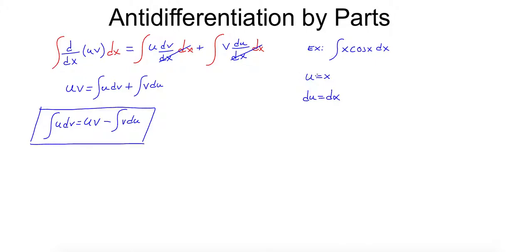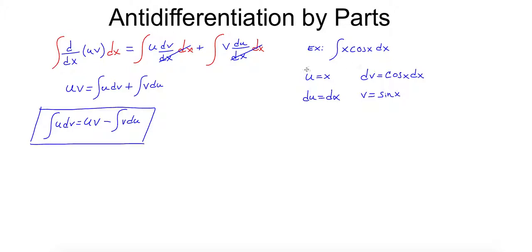Well, that means that if u is equal to x, then dv must be equal to cosine x dx. And whatever I make dv, I want that to be a simple antiderivative, or in other words, it's very simple to take the integral of that. So that means then that v would be the antiderivative of dv, so the antiderivative of cosine x would be sine x.